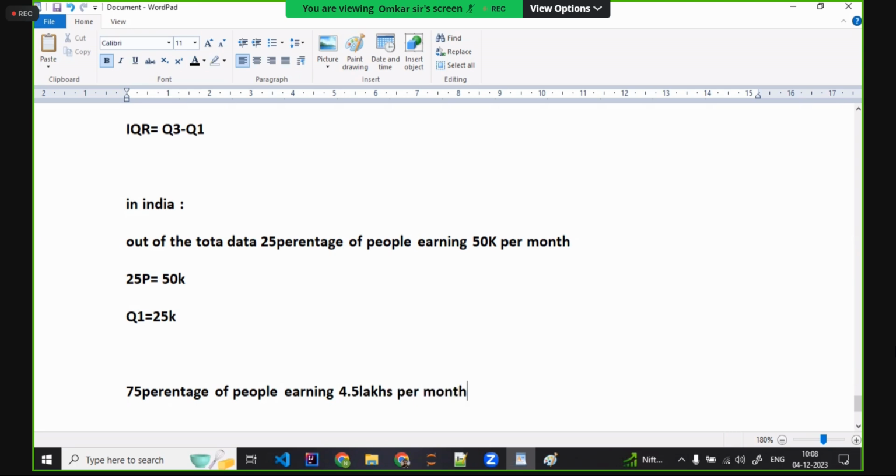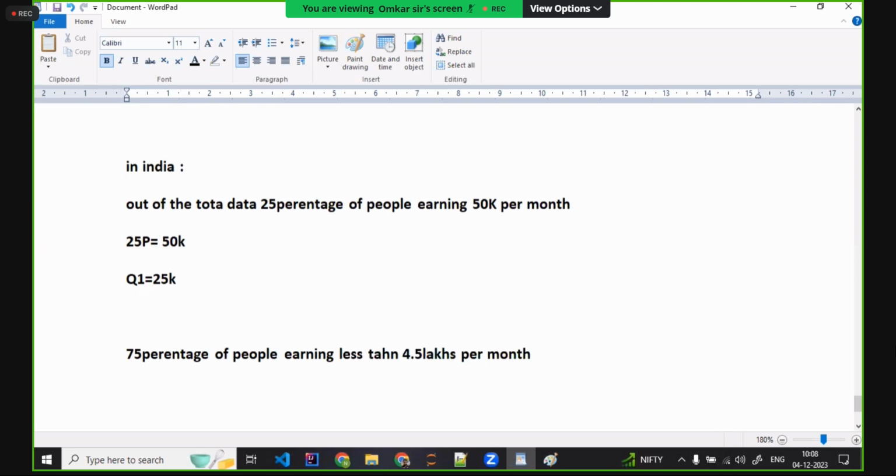That means most of the people are earning less than 4.5 lakhs per month. Don't just listen like it's a subject; think like you are doing some analysis. That is 75P, Q3. Q3 value is 4.5 lakhs. Everyone understood this? What we are writing here?